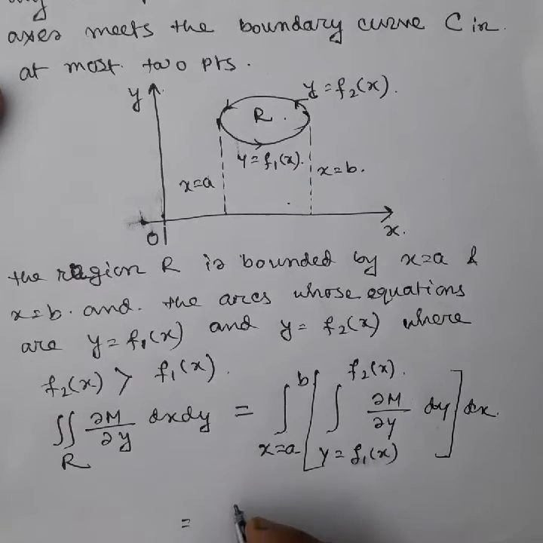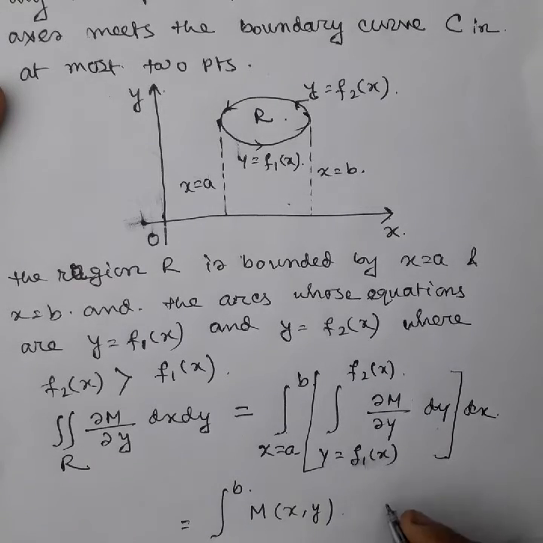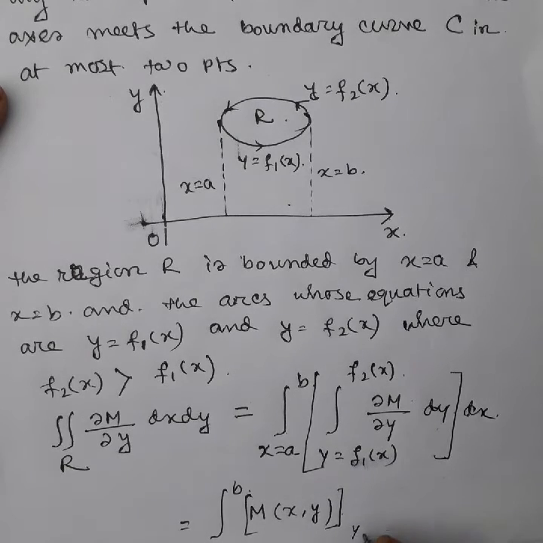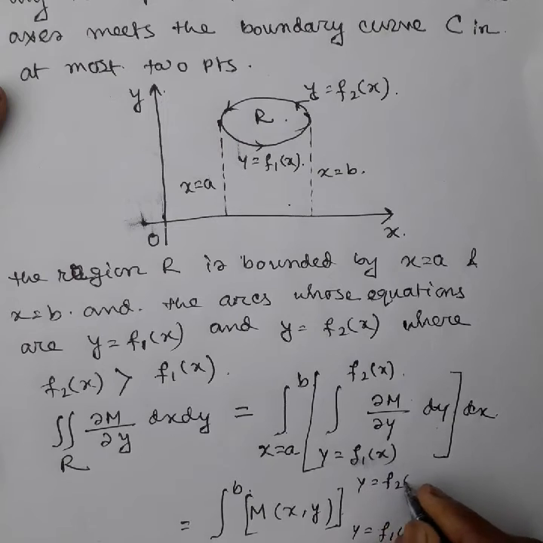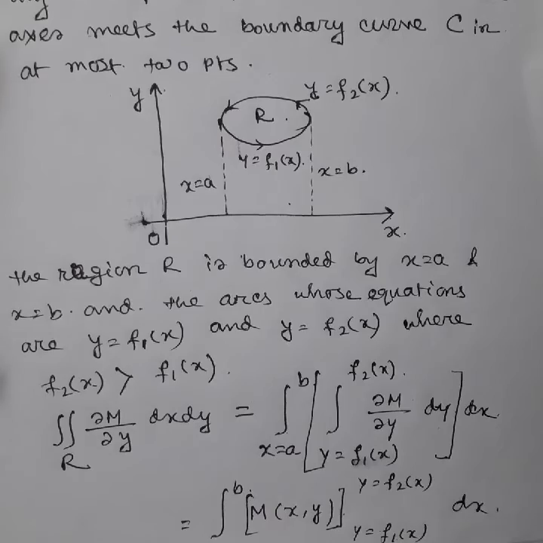So this equals the integration from a to b of M(x,y) evaluated between y equals f1(x) and y equals f2(x), dx.